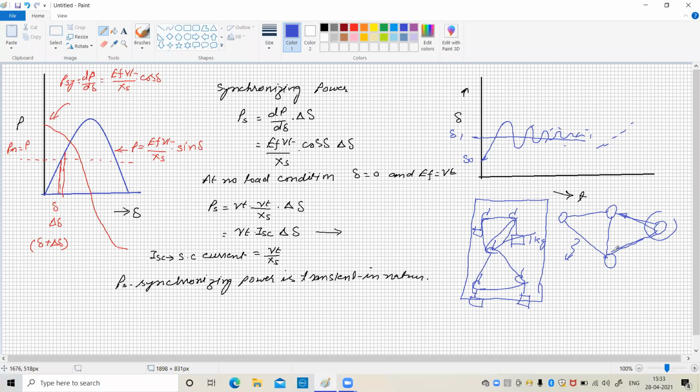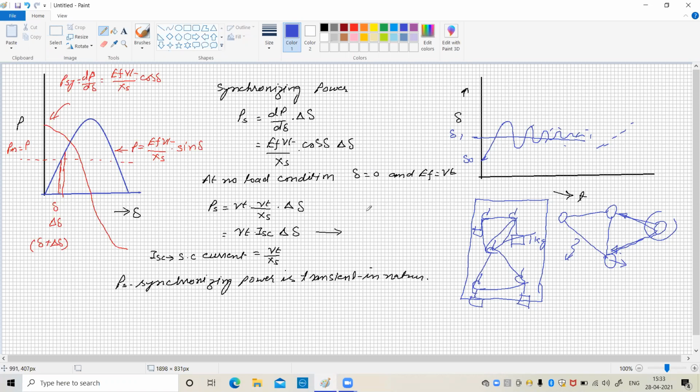Otherwise, this generator may become overloaded and again disconnect from the system, and it will give cascade tripping of the generating plants, and it is called a blackout in the power grid. So the synchronizing power coefficient is the power which is generated due to the disturbance. So why is some power generated?